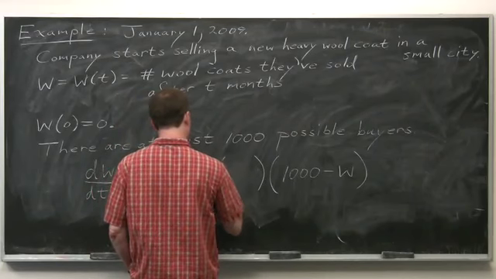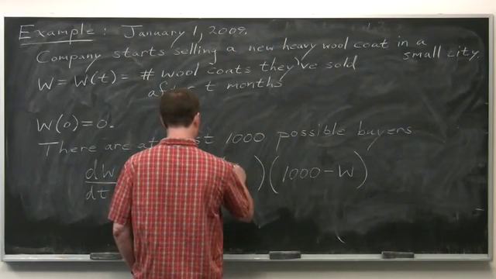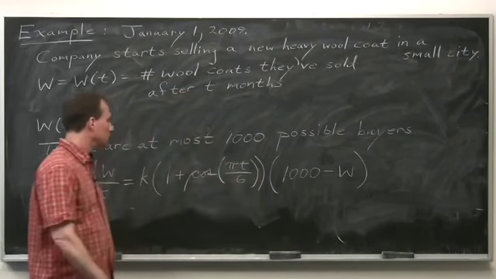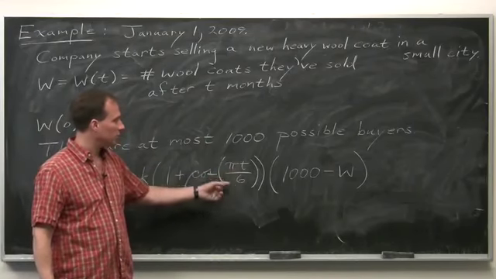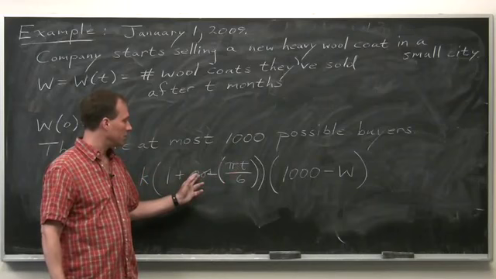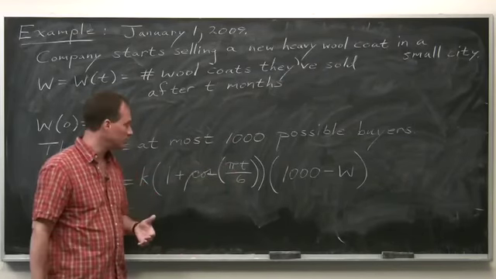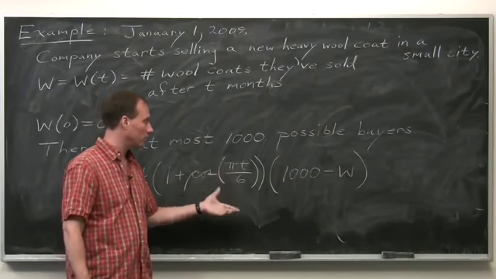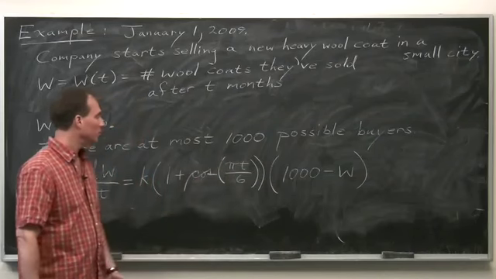So it's also proportional to 1 plus the cosine of pi t over 6. How often does this repeat? Well, every time the angle goes around 2 pi, cosine repeats. For this to be 2 pi, t would be 12 months, right? So this repeats every 12 months.